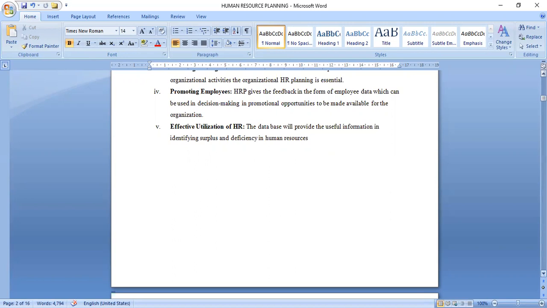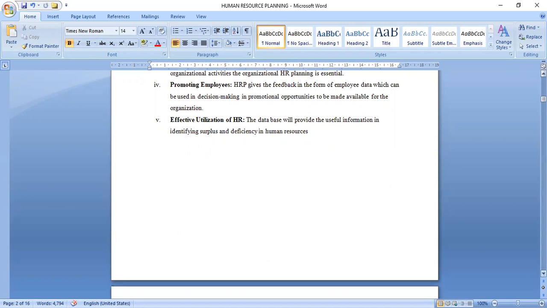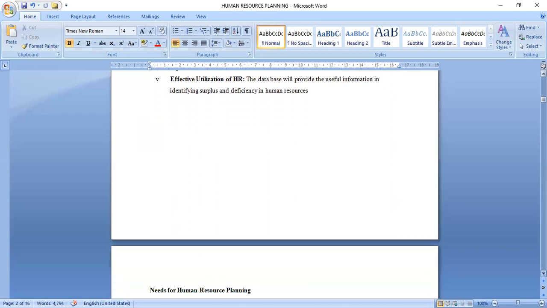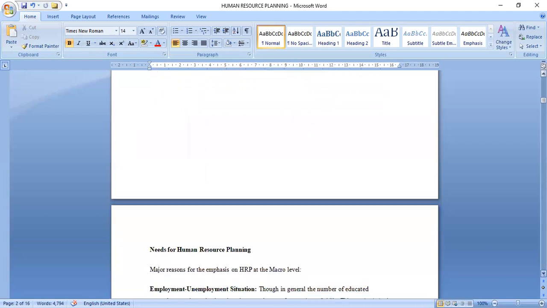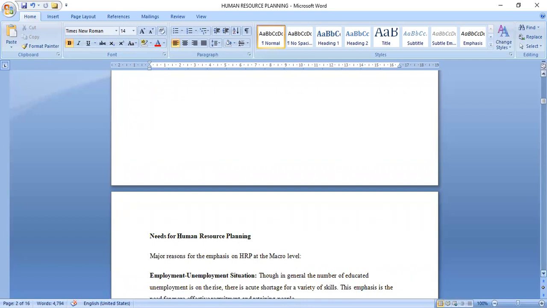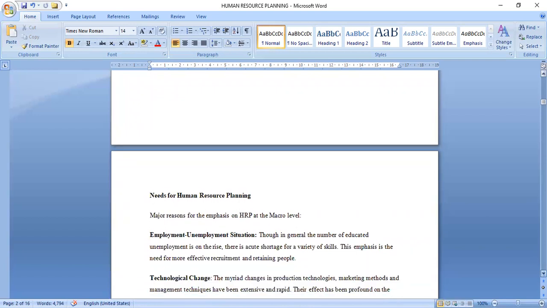So at the end of the day, the human resource planning department in the organization will require that you put human resource planning into consideration to be able to get people with the rightful skills. On a number of occasions, we've seen people having jobs where they do not even have the qualifications, and you ask yourself how they got there, right?